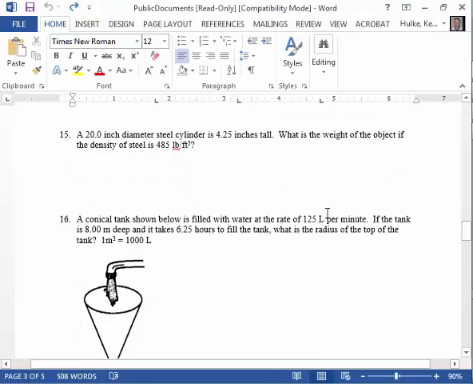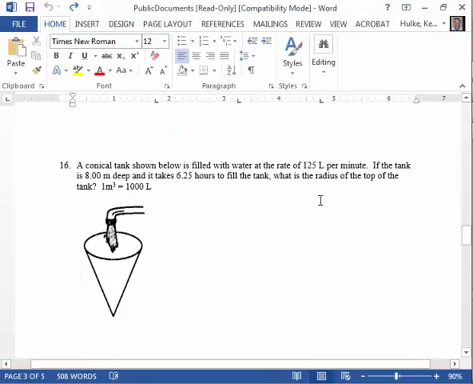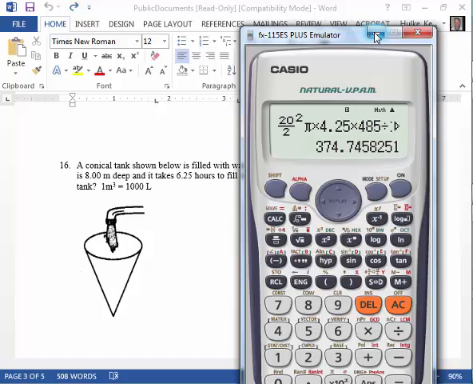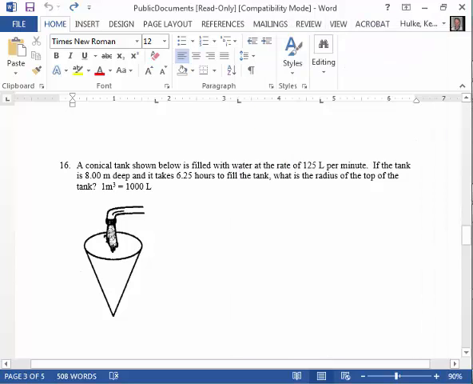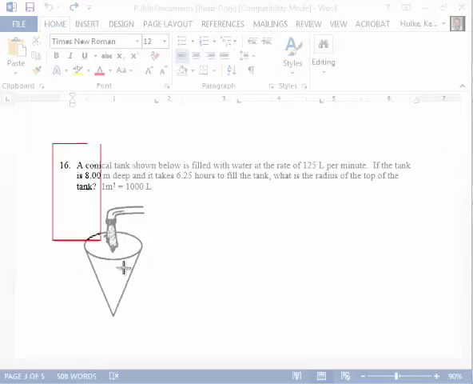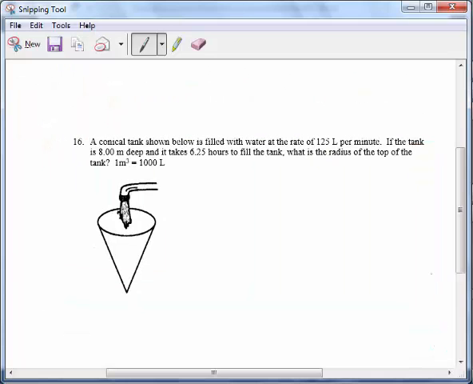Next one. A conical tank shown below is filled with water at a rate of 125 liters per minute. If the tank is 8 meters deep and takes 6.25 hours to fill, what is the radius of the top of the tank?